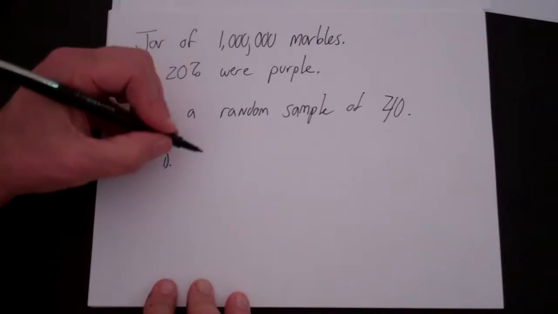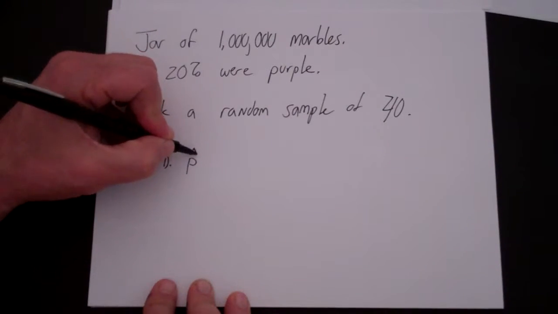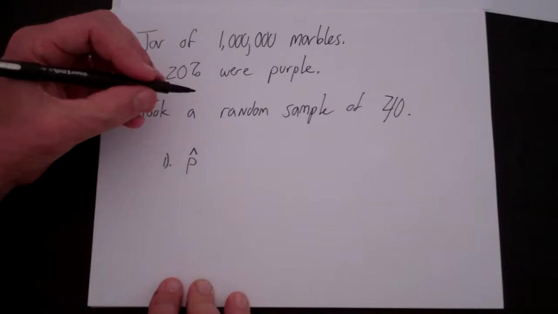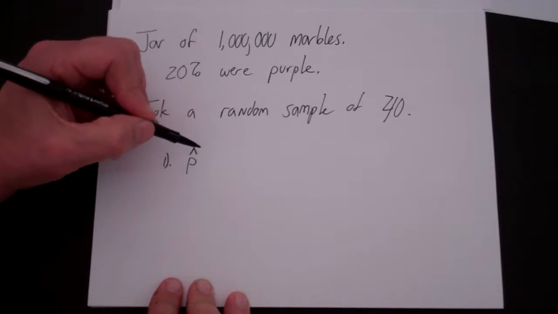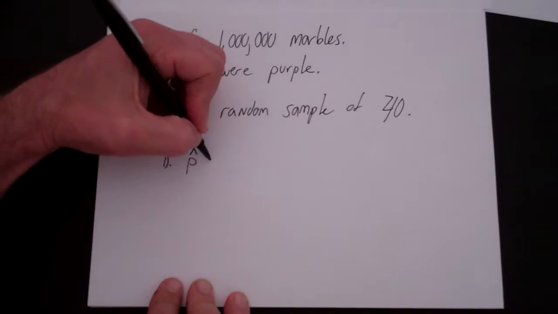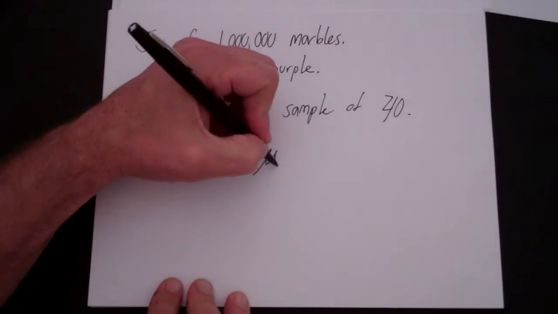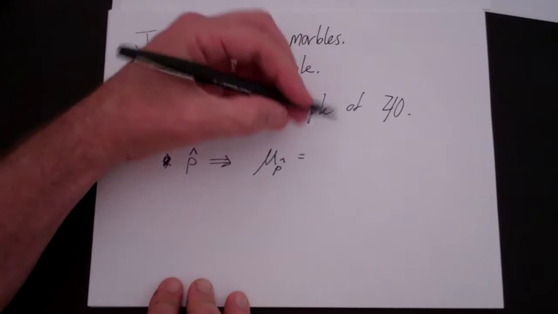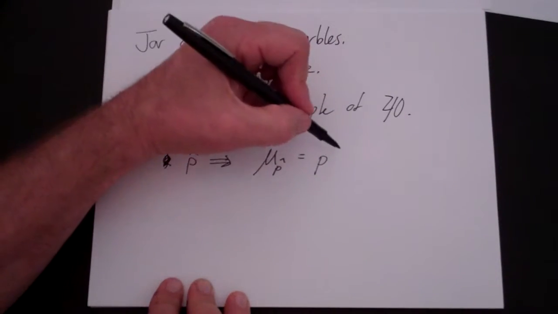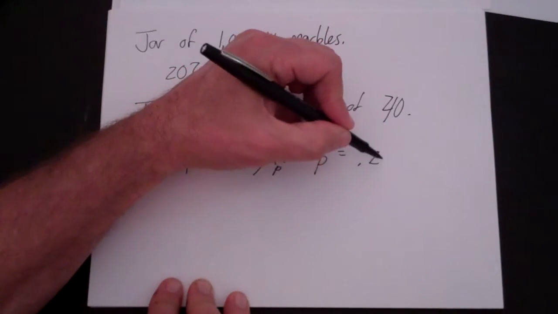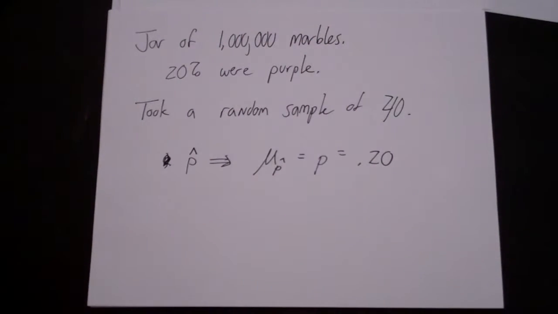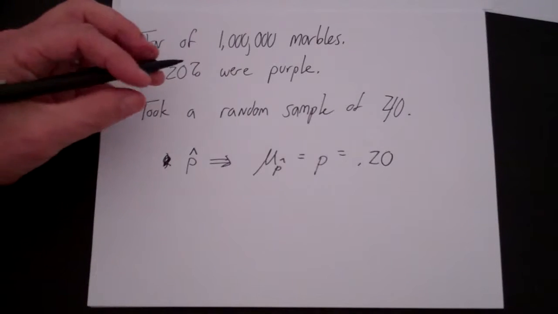Number one, p-hat, the estimator, would have the following properties: mu p-hat would equal p, or 0.2. In other words, if you took repeated sample after sample, on average you would get an estimate of 20%.